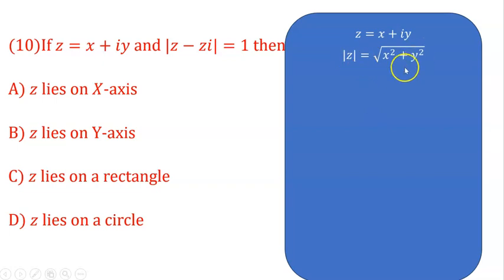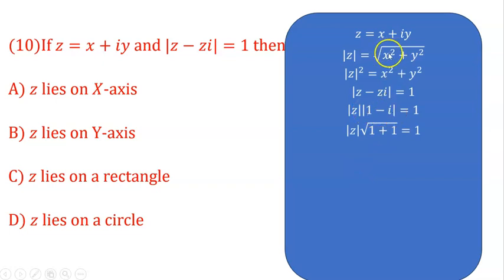Mod of z equals root of x squared plus y squared, so mod z squared equals x squared plus y squared. Now the expression mod of z minus zi equals 1. We take z common, therefore mod of z into mod of 1 minus i equals 1. The value of mod of 1 minus i is root of 1 squared plus 1 squared, which is root 2. Therefore mod of z equals 1 by root 2.